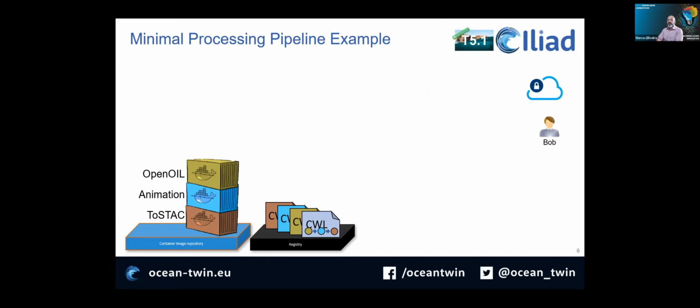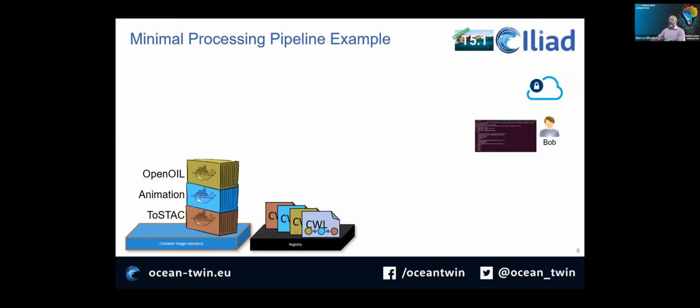Bob finds the CWL file or the application package through the registry interface. Then he accesses his own private cloud or a public cloud where he can run his applications.